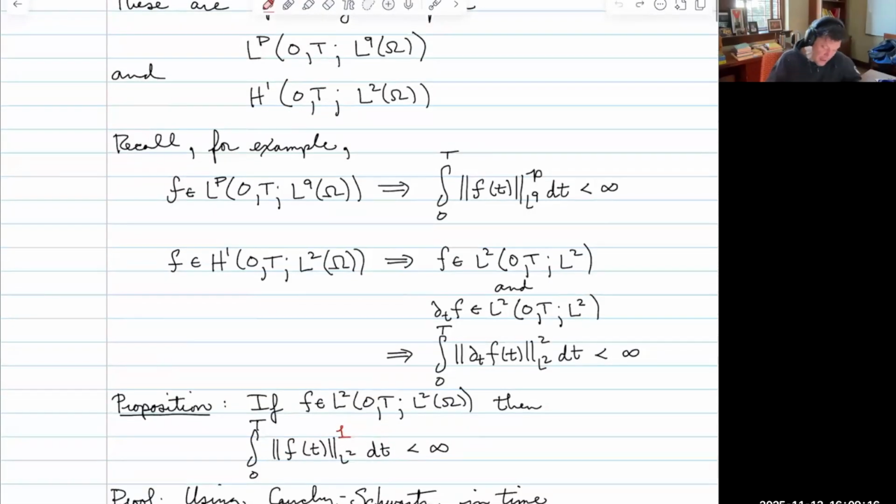Now, if I say that f is an H^1(0,T; L^2) function, what does that mean? It's similar to what we have above, except that it means both the function and its first weak partial derivative are in this space L^2(0,T; L^2). And this harkens back to what we knew about H^1 functions to begin with.